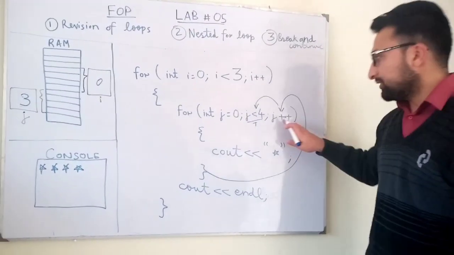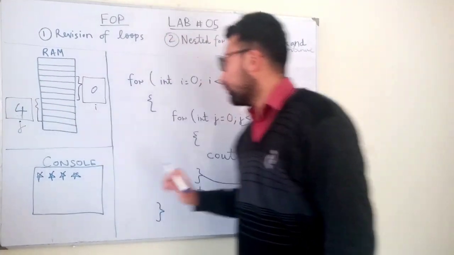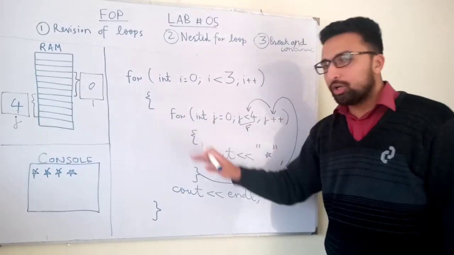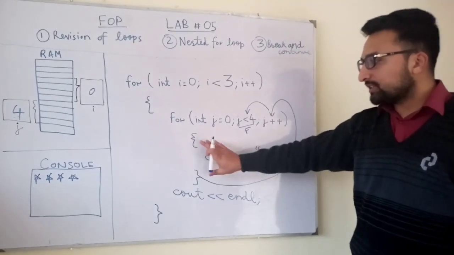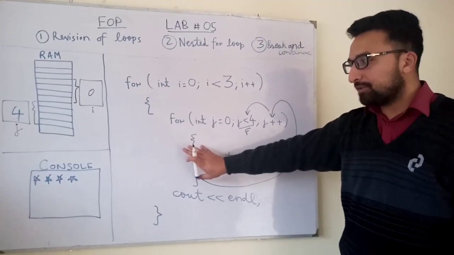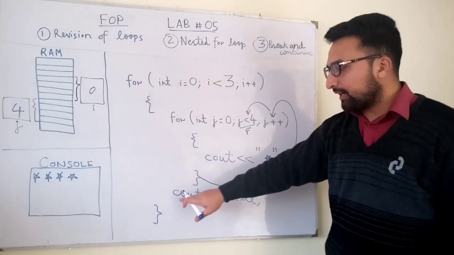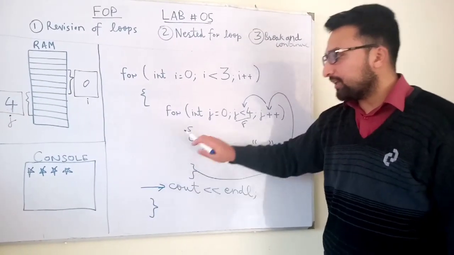It will go back. j becomes 4 now. 4 less than 4 is a false statement. And when a for loop evaluates the expression to a false value, it skips its brackets. It has skipped these brackets and it will come outside to execute the code that was written after the brackets of the inner for loop.